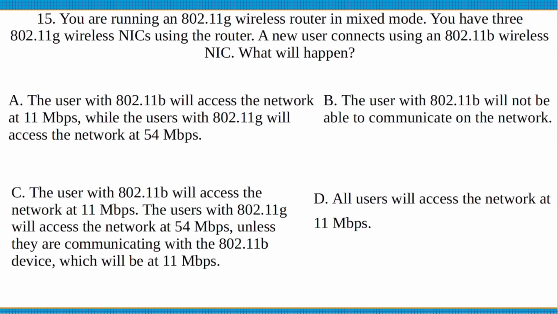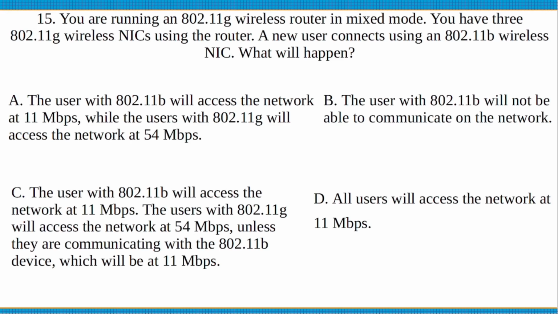Question number 15. You are running an 802.11g wireless router in mixed mode. You have three 802.11g wireless NICs using the router. A new user connects using an 802.11b wireless NIC. What will happen? A. The user with 802.11b will access the network at 11 megabits per second, while the users with 802.11g will access the network at 54 megabits per second.